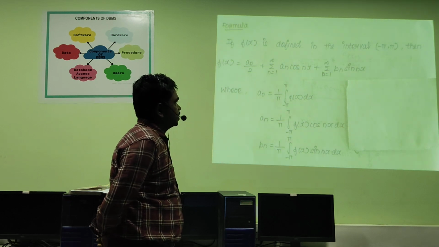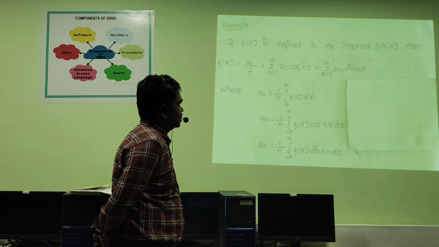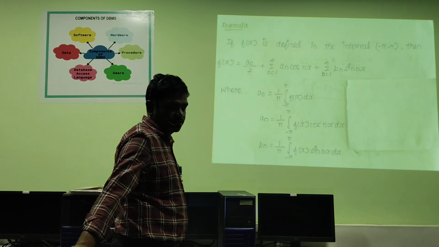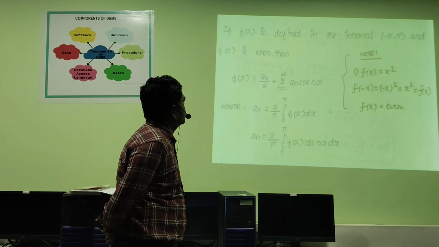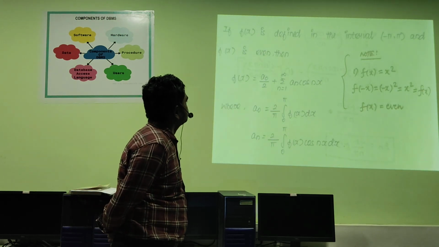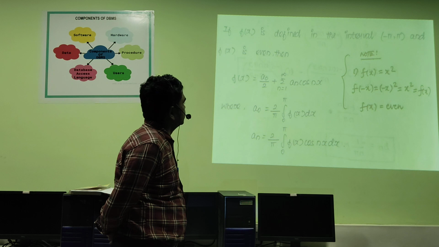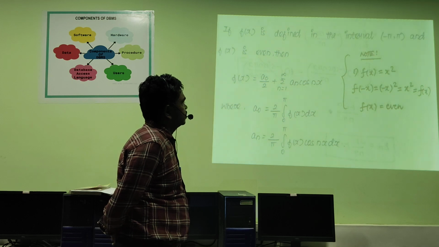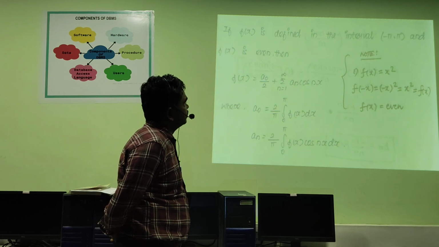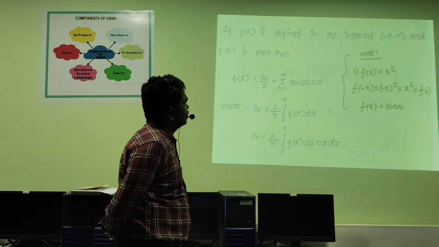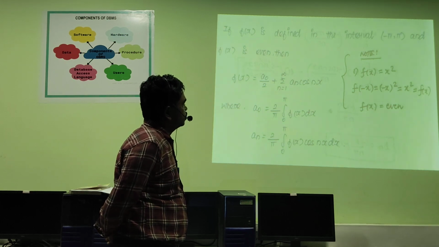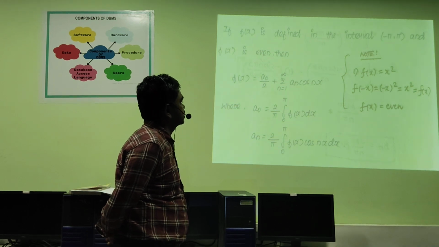So here also we can write a Fourier series for the interval minus pi comma pi for the function f of x. Let's see one example. If f of x is defined in the interval minus pi comma pi and f of x is even, the formula becomes f of x equal to a0 by 2 plus sigma n equal to 1 to infinity an cos nx.